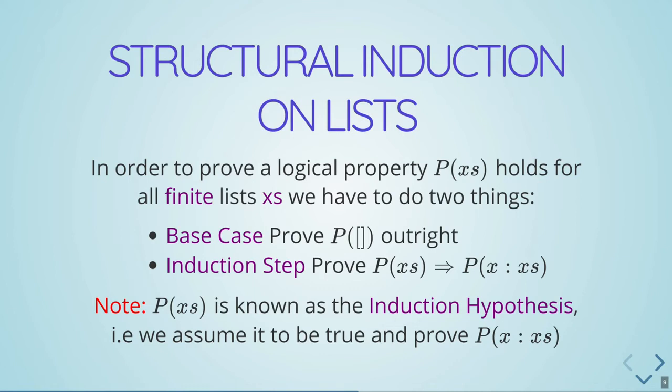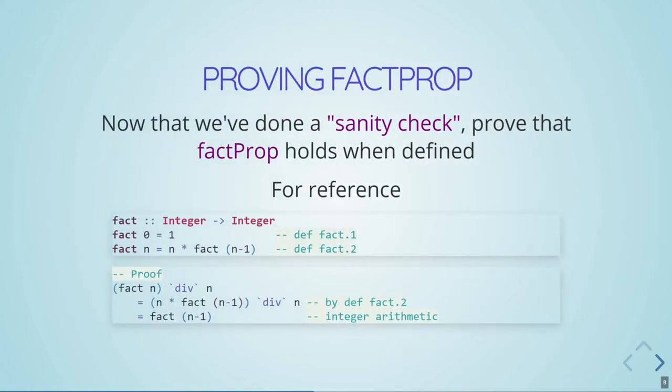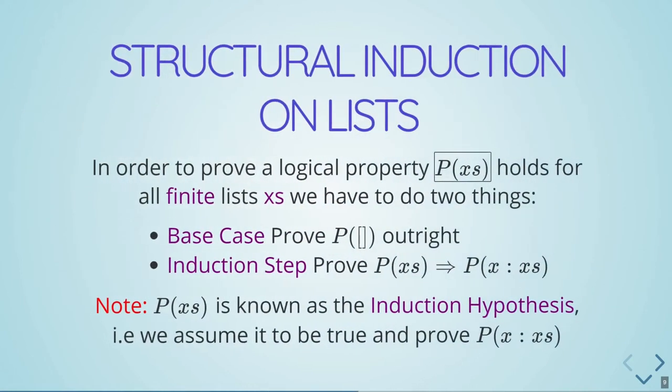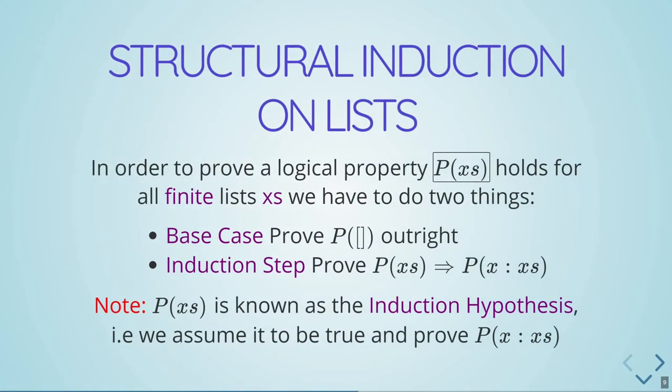In order to prove a logical property P of xs, xs here is some list, and P is some property, just like the property we had before for fact prop. It's something that takes a list xs and returns a Boolean value. So we're trying to prove that this always returns true.